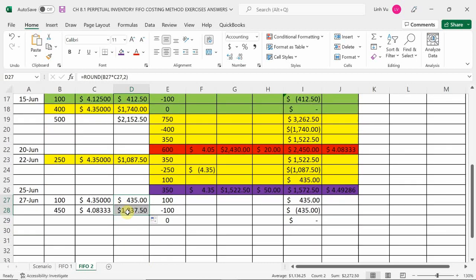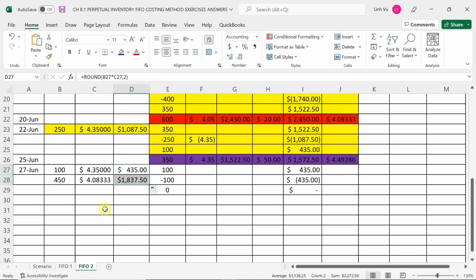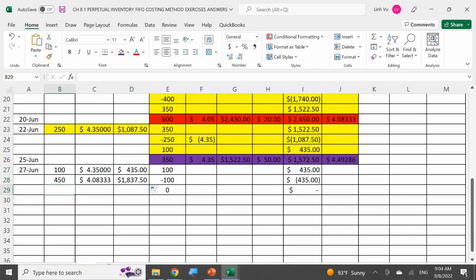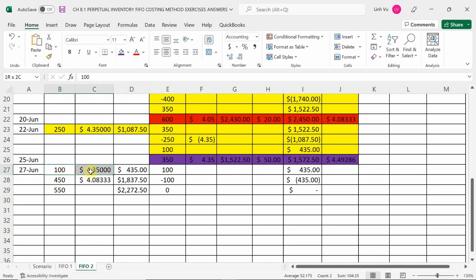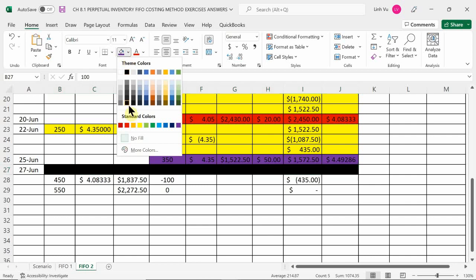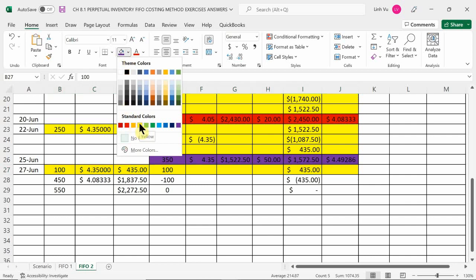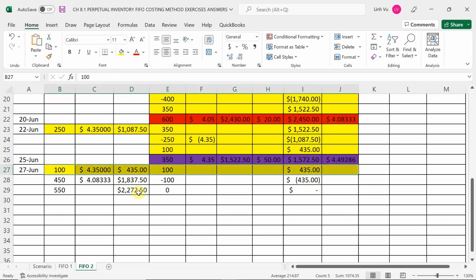$4.08. So in this case, let's go ahead and it'll be 1822.50. Okay, hold on. $18.36. Okay, so are you rounding your numbers? You should be punching in 4.08333333.